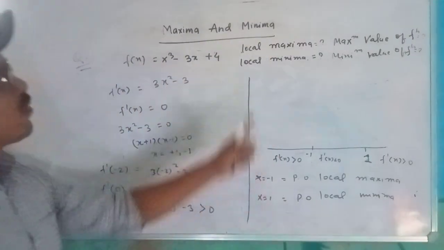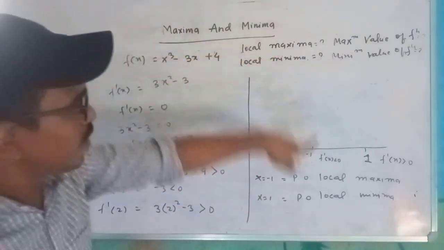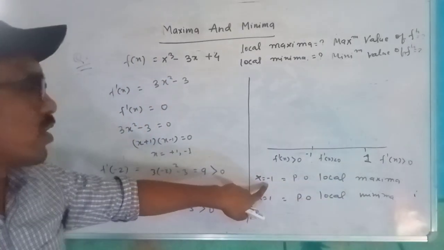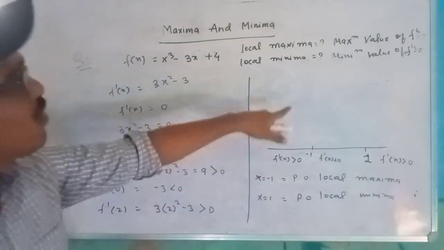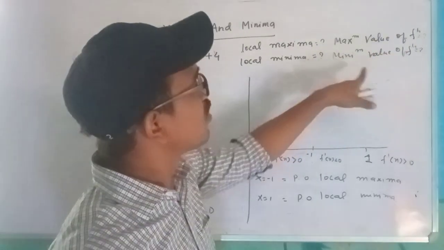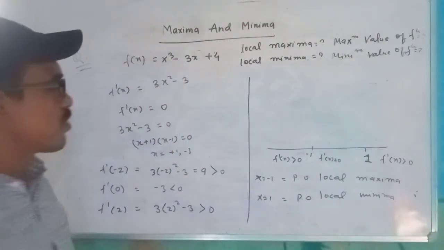Now we have the point of local maximum, x is equal to minus 1, and the local minimum, x is equal to 1. How will we find the maximum value and minimum value of the function? It's very easy.